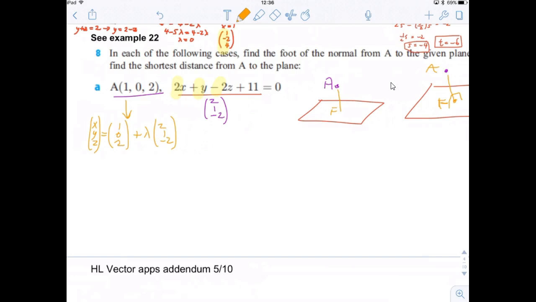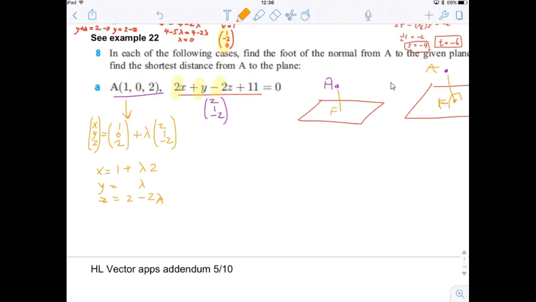The easiest way to do that is to divide this up into three parametric equations. Okay, so those are our three equations.